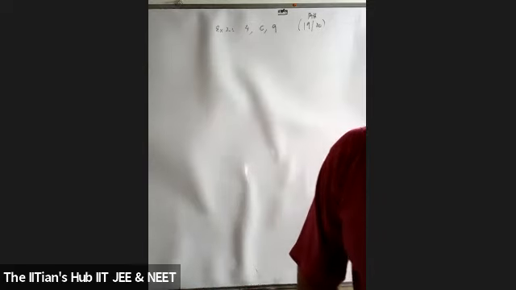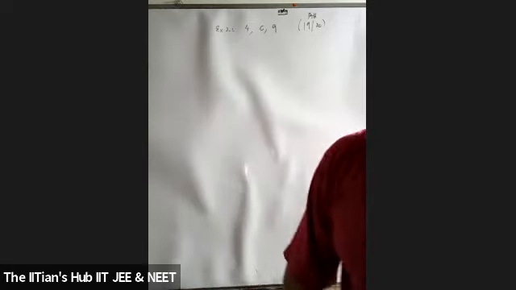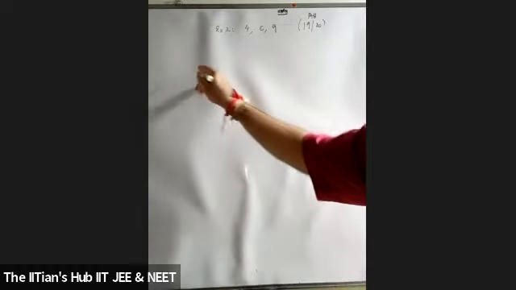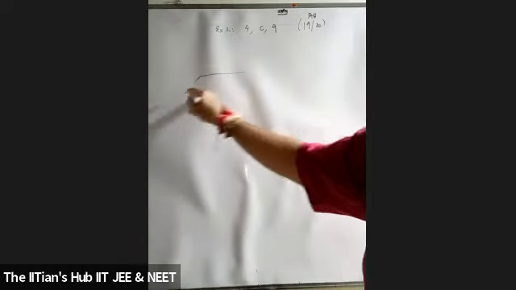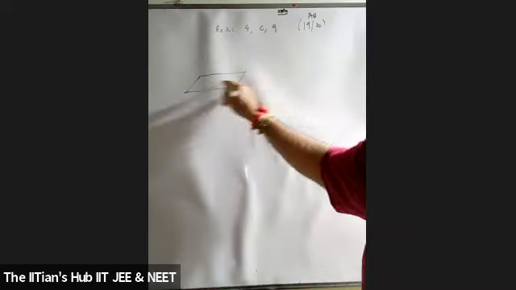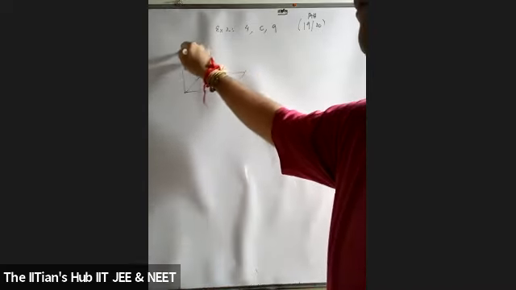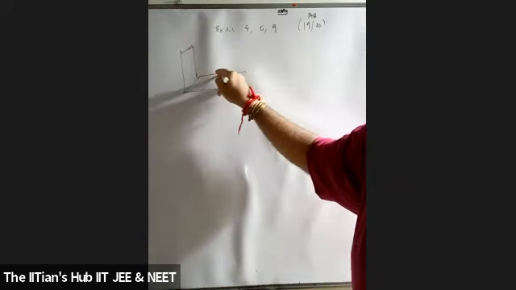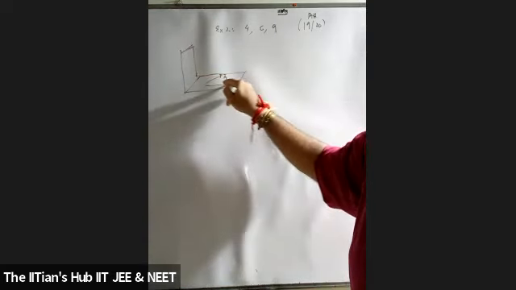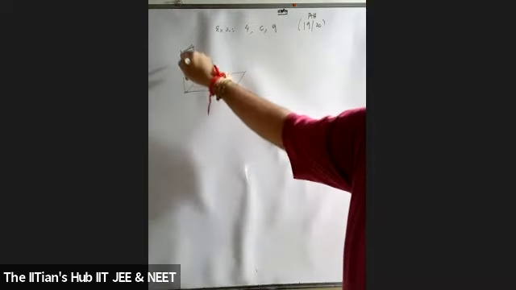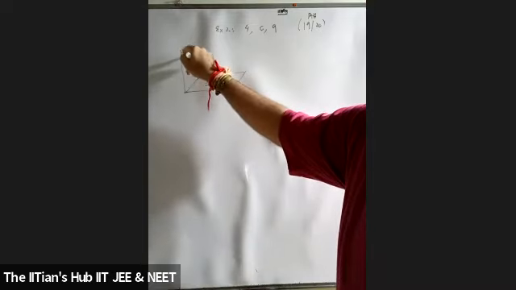Two vectors A and B lie in one plane. Vector C lies in a different plane. I'll put it in this manner. This is one plane. Let me take this as another plane. Vector A and vector B may lie in one plane and vector C may be in some other plane.